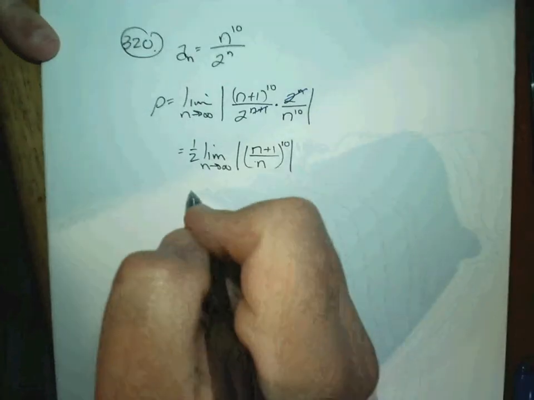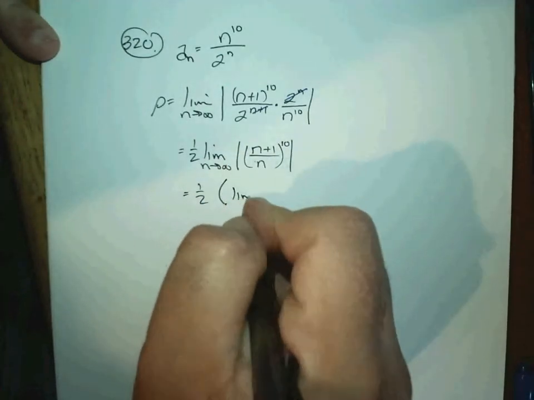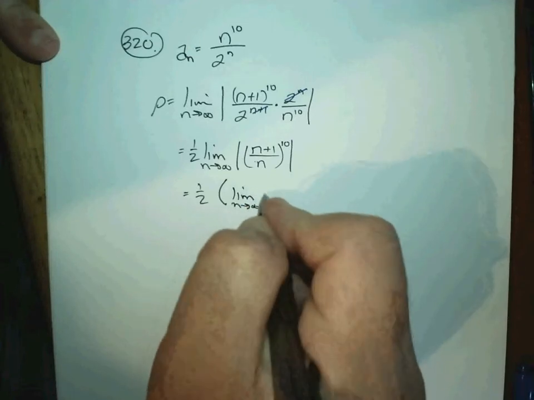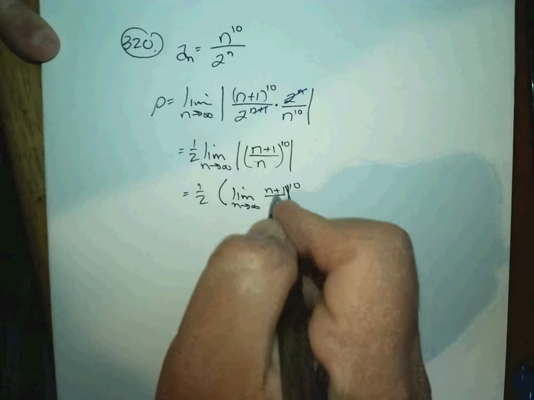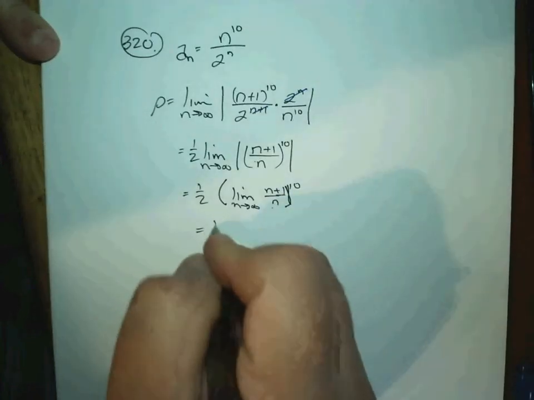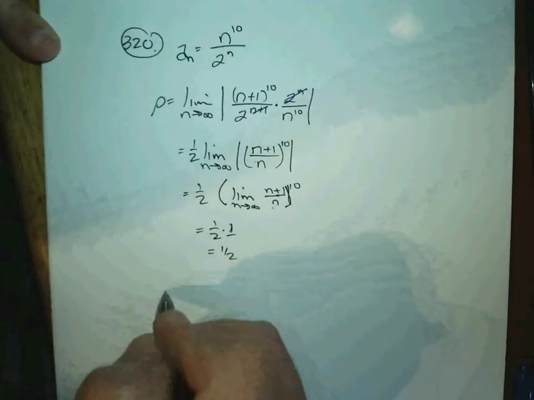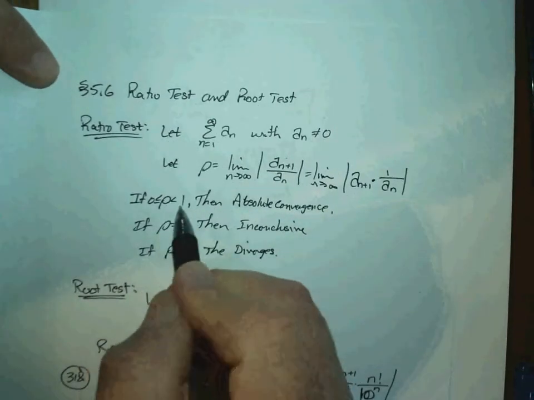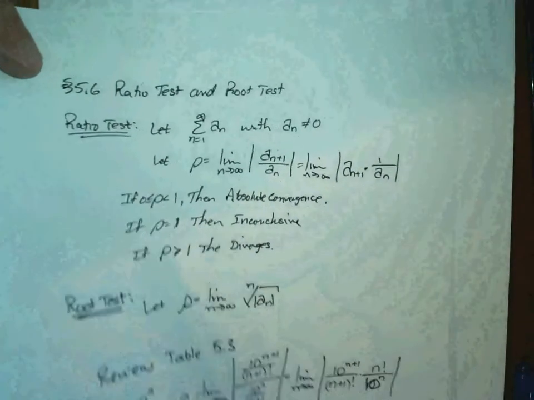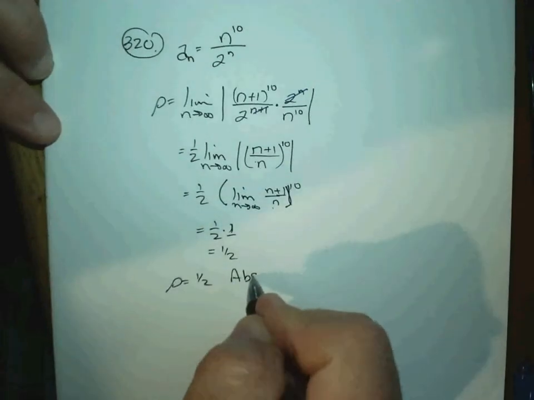Pass the limit inside the power. And the limit of n plus 1 over n is 1. So you get rho is a half. And again, when your rho is equal to a half, you have absolute convergence.